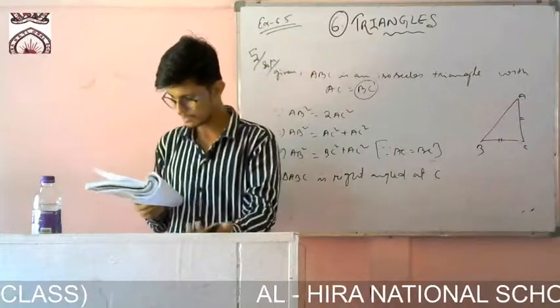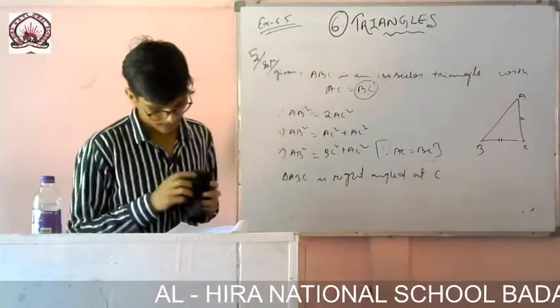Question number 6. ABC is an equilateral triangle of side 2A. Find each of its altitudes.